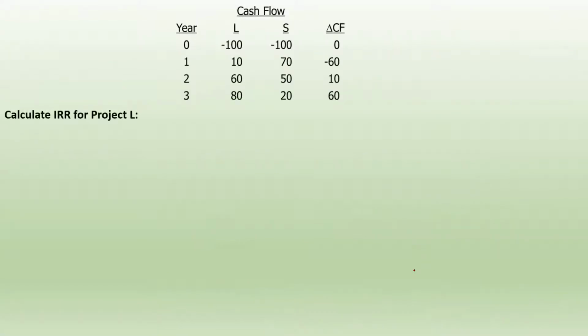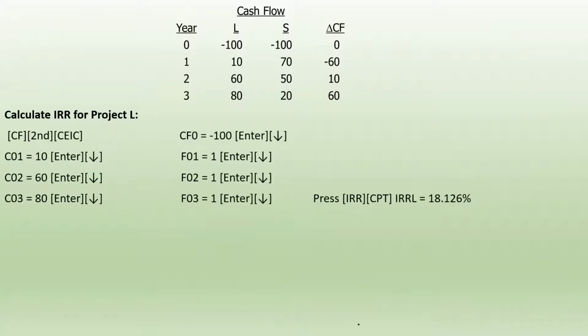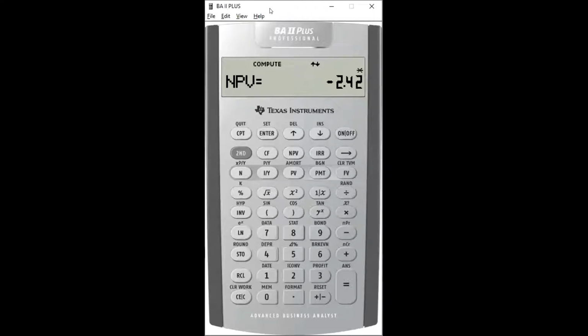So let's calculate the IRR for project L. I put the financial calculator procedure here, and I will share it with you. For IRR, in the cash flow worksheet, we clear all the previous cash flows. For project L, the initial cost is $100.